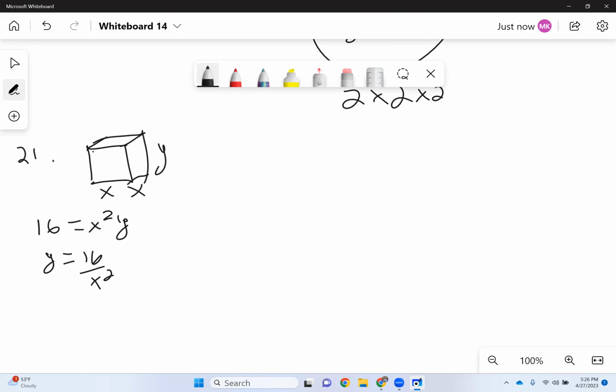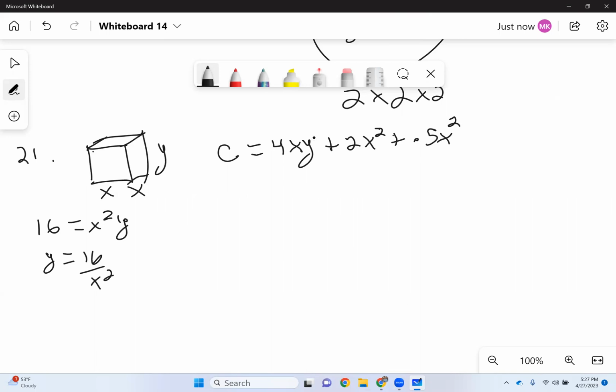Oh, I made a mistake on the answer key. All right, so the cost. Now, there are 4 sides, and they're each going to cost xy, plus the material used to make the base costs twice as much per square foot, so I'll have 2 times x squared for the bottom, and the top is half as much per square foot, so that would be plus 0.5 times x squared for the top.